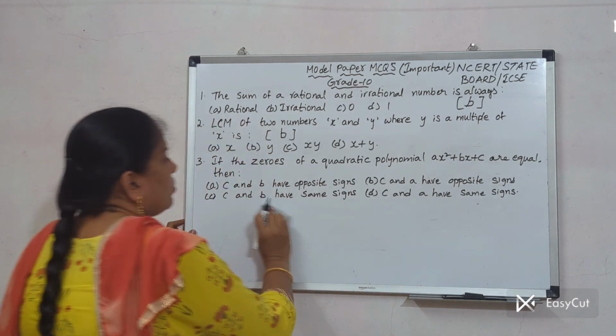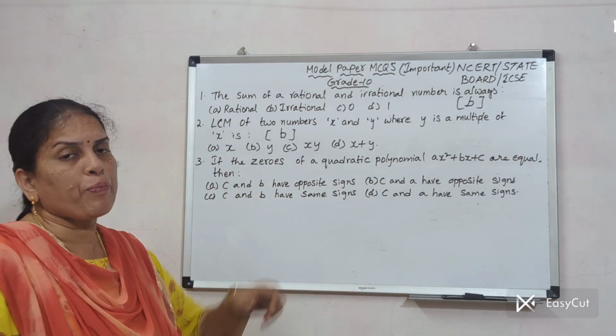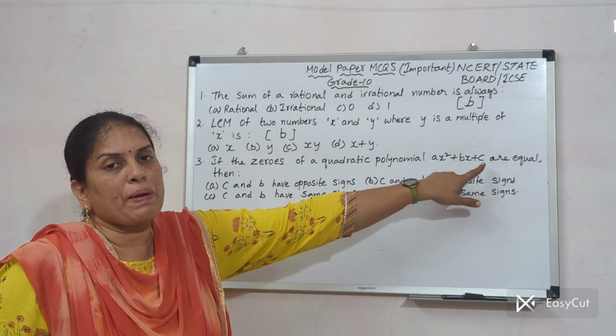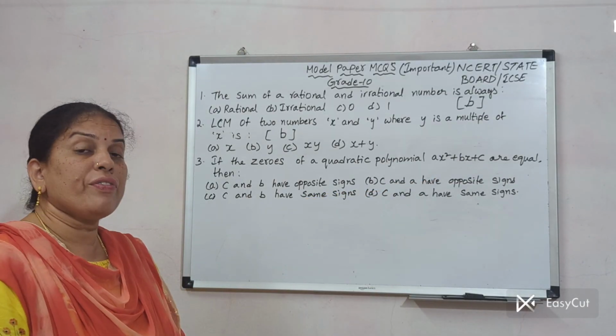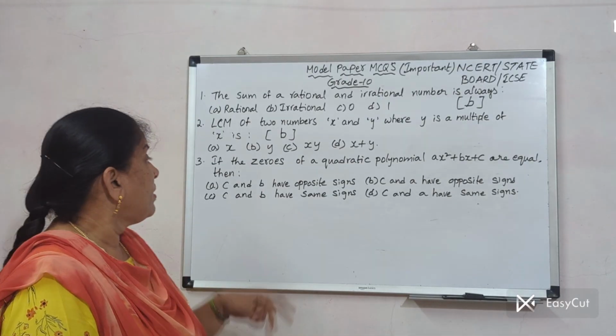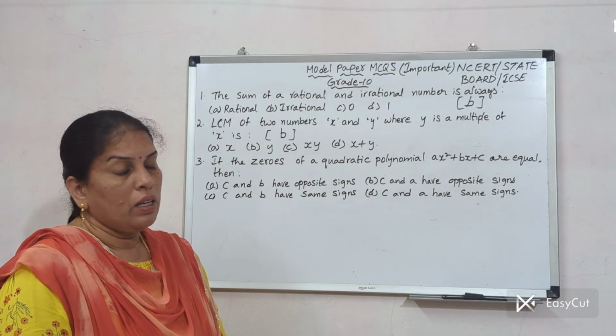Now, what is the third question? If the zeros of a quadratic polynomial ax square plus bx plus c are equal, then which one is the right answer?